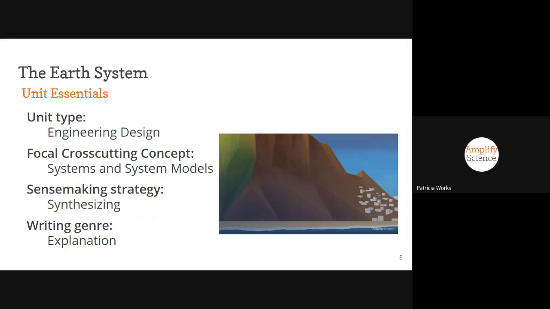The focal cross-cutting concept in this unit is systems and system models. In their role as water resource engineers, students delve deeply into the Earth system and its interacting parts as they investigate water shortages, rain formation, and evaporation.